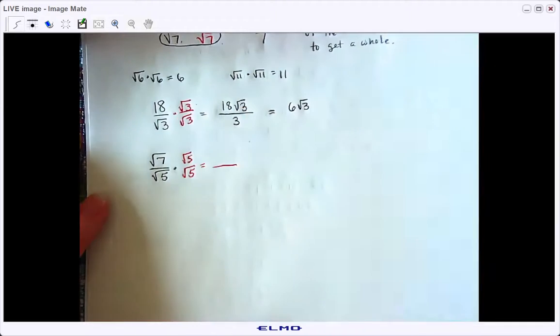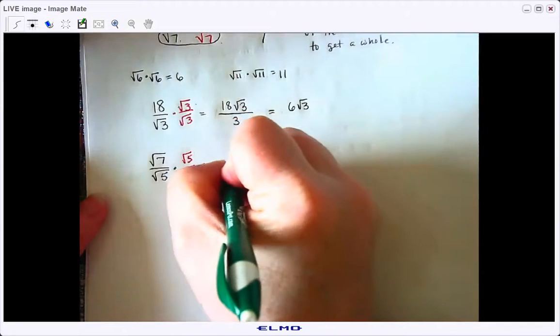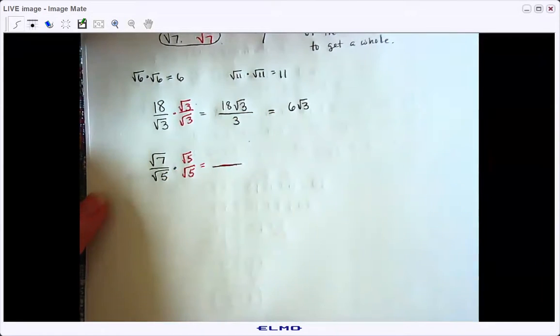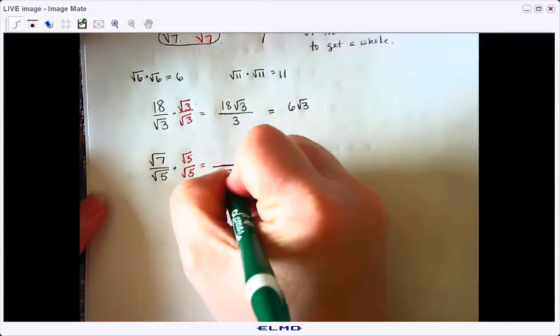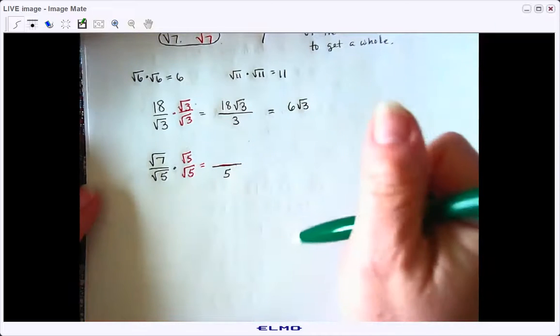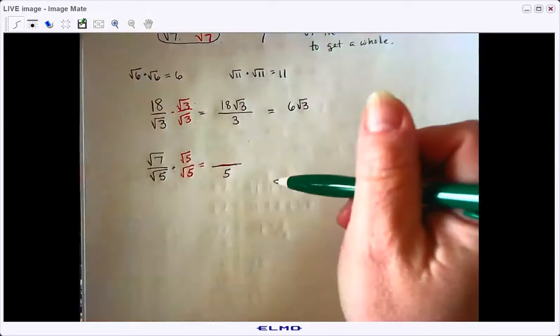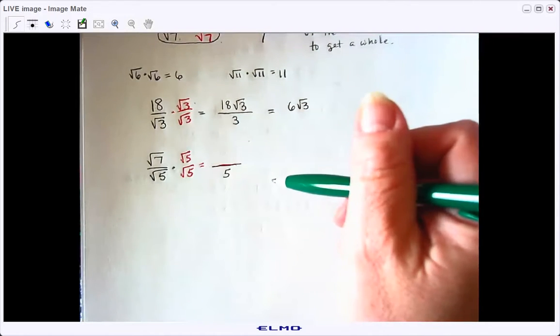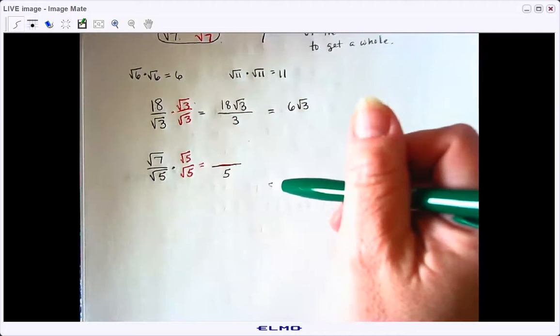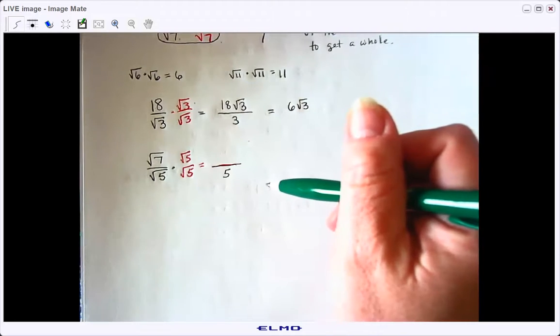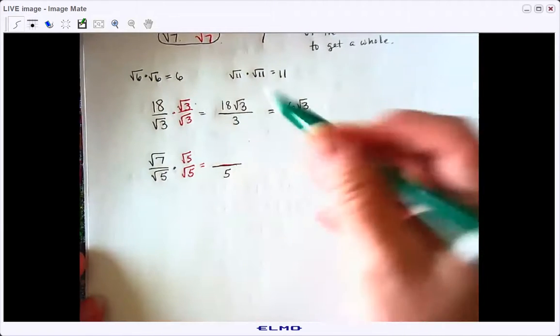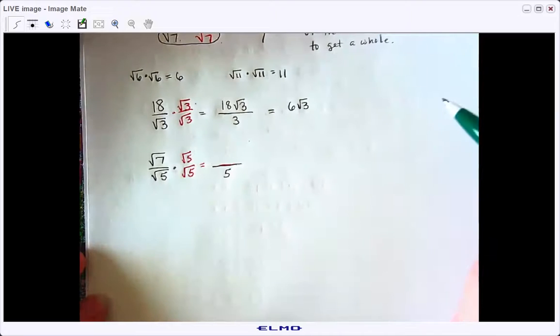So we know that on the bottom, we're going to get a 5. Now the important part on top is to ask, do I have inside numbers and outside numbers? Or do I have 2 inside numbers? Do I have 2 outside numbers? So what would I get on top?